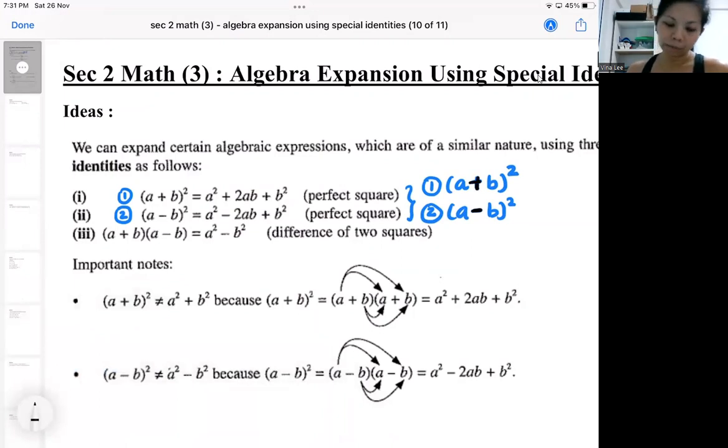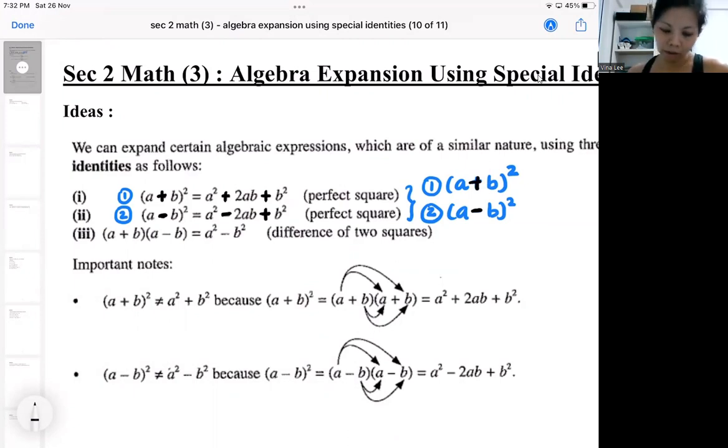And when you expand out, the formula will be like this. If this is a plus, it will be a plus totally. If this is a subtraction, it will be a minus and a plus. So this will be called a perfect square. Later on, I will show you a numerical example. This numerical example will also match with whatever arrow method that you have learned.